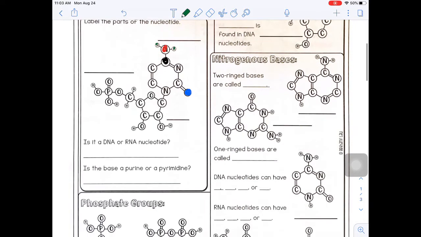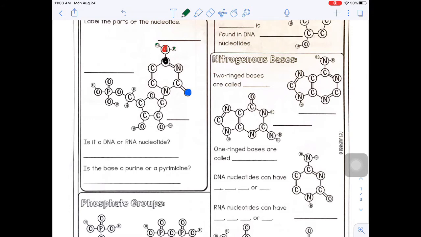And then the nitrogenous bases. They have two general shapes. The purines have two rings. The purines include adenine and guanine, A and G. Pyrimidines include cytosine, thymine, and uracil.